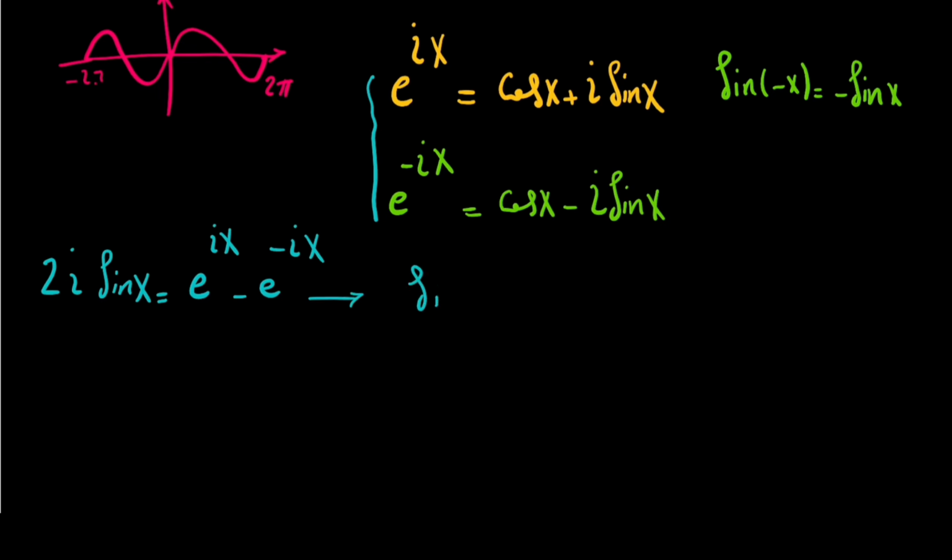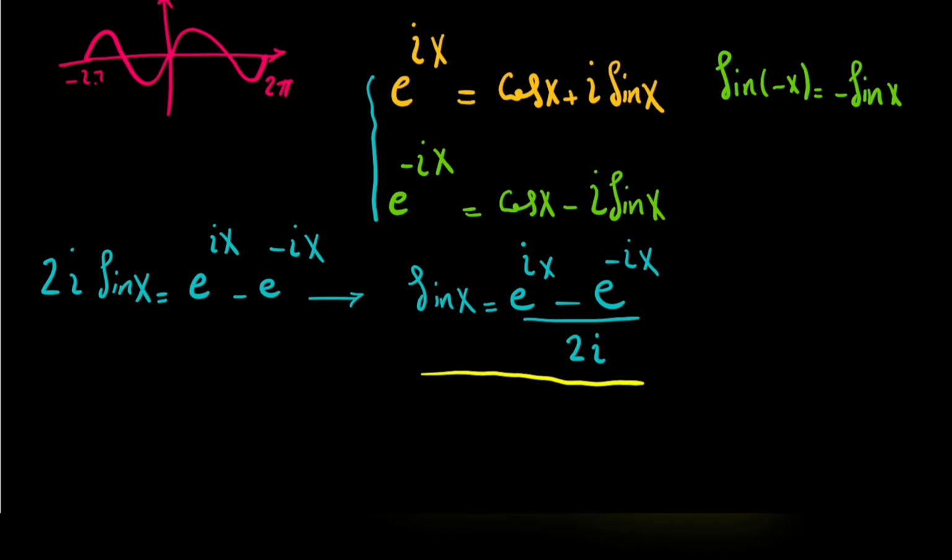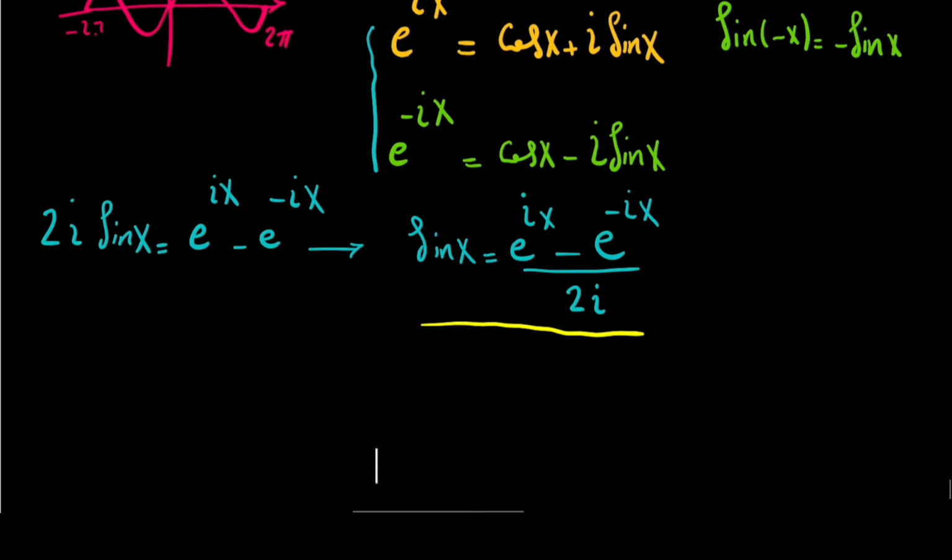Yes, that's it. So we wanted to find sine x. Okay, so it means sine x will be equal to e to the power of ix minus e to the power of minus ix divided by 2i. So I can use this equation in the main equation. What was that? That was sine x equals 3.